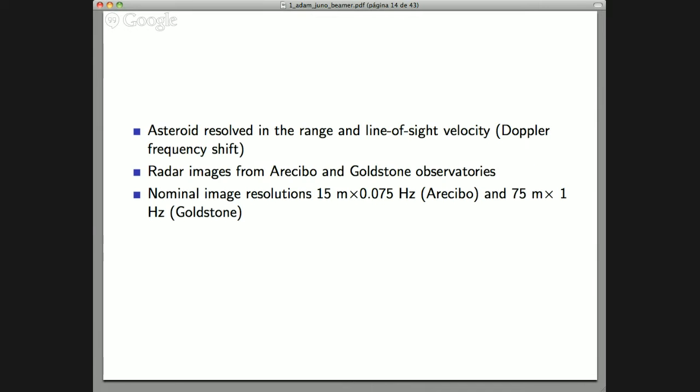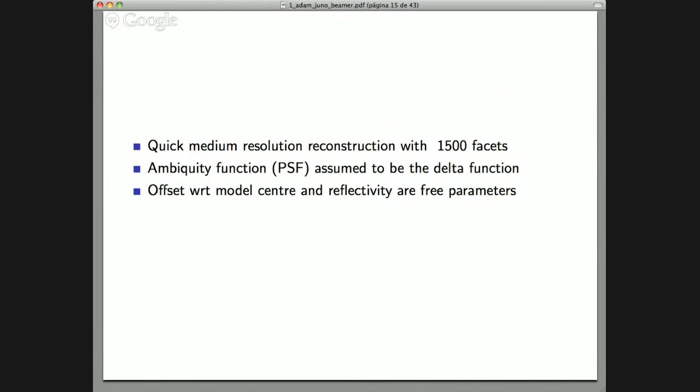As you well know, range Doppler radar will resolve an asteroid in range and line-of-sight velocity, and we have radar images from Arecibo and Goldstone. We do medium resolution here, and we assume that the point spread function is a delta function because we don't know what the true point spread function is.